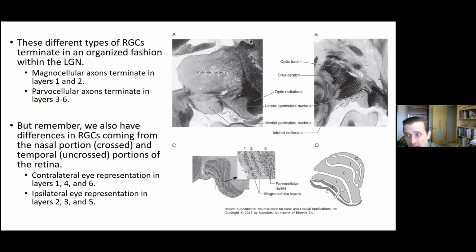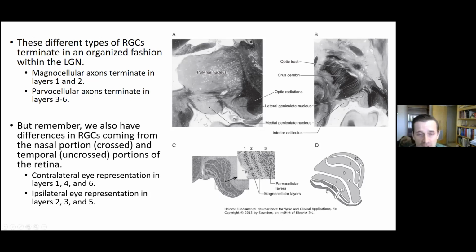So we also have differences in retinal ganglion cells coming from the nasal portion of the retina and the temporal portion of the retina. So don't forget that. Remember that there's a crossing of fibers at the optic chiasm, and then there's a passage of fibers on the same side through the temporal region, those uncrossed fibers.